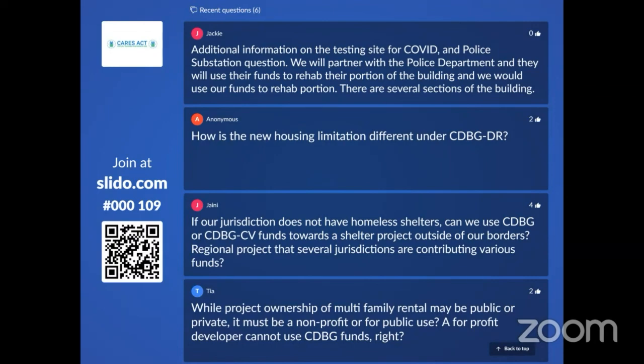If you're going to use CV for the COVID testing site, using my example, you would have to use CV to only cover the cost of rehabbing the portion of the building being used for the testing site.